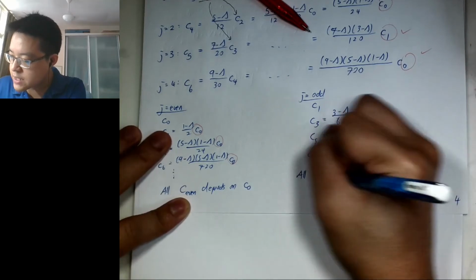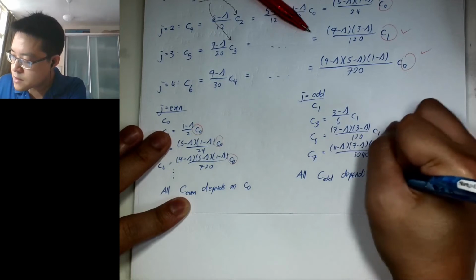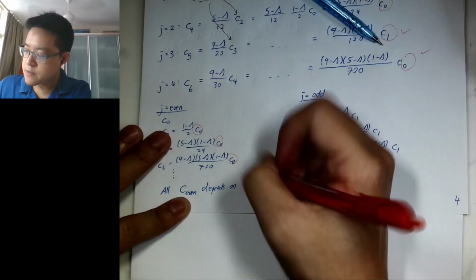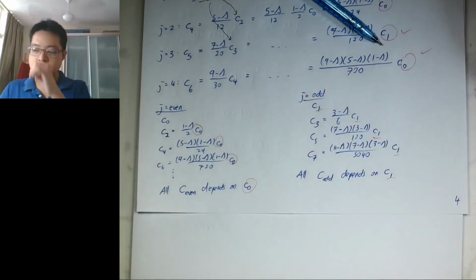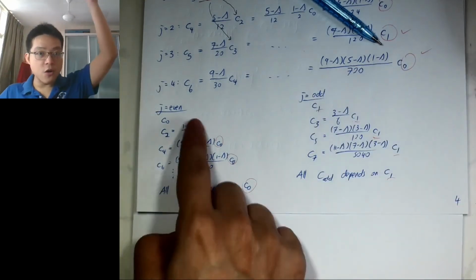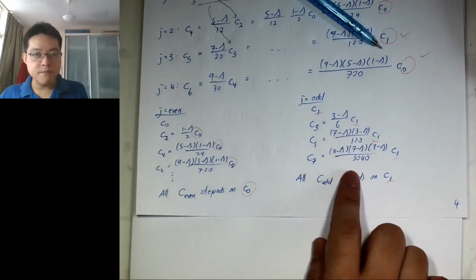So all the c of odd number depends on c1. So c0 controls all the even number coefficients, c1 controls all the odd number coefficients.